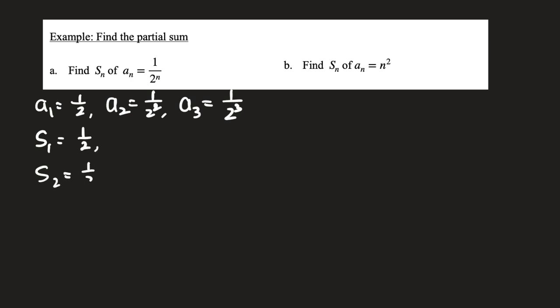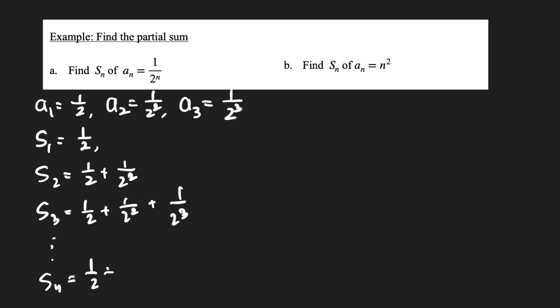S2 is 1 over 2 plus 1 over 2 squared. S3 is 1 over 2 plus 1 over 2 squared plus 1 over 2 cubed. What is Sn? You add from A1 to An. So what is An? It's 1 over 2 to the n, so the last term is plus 1 over 2 to the n.